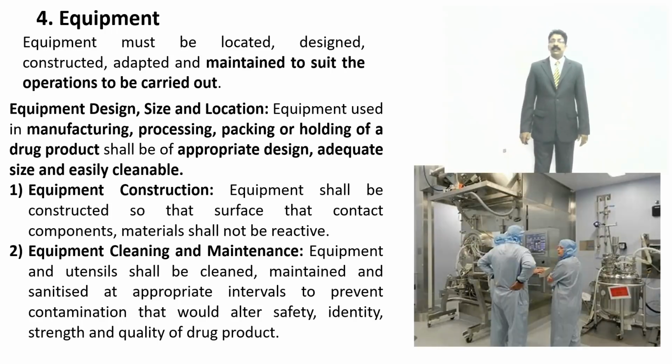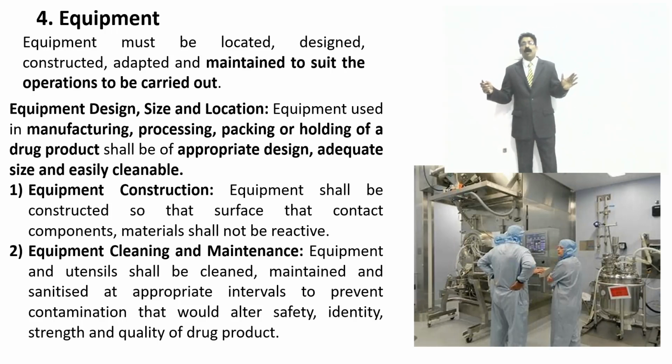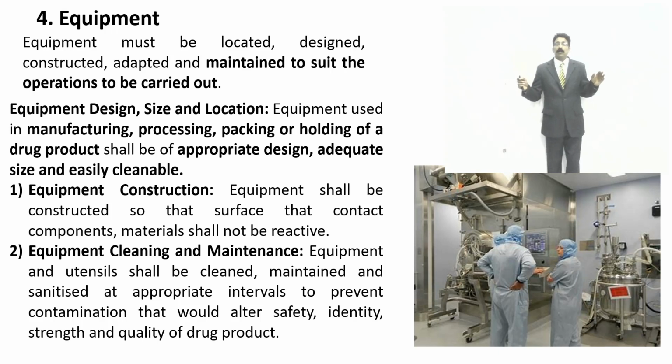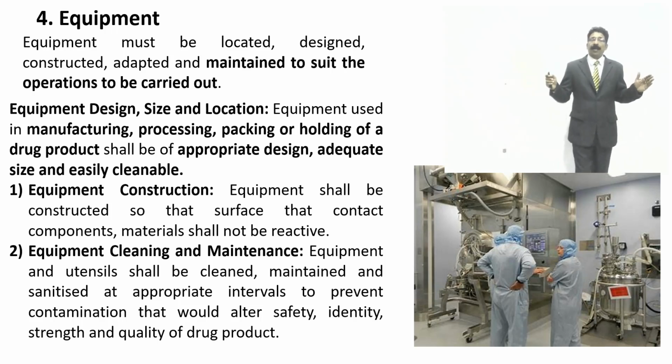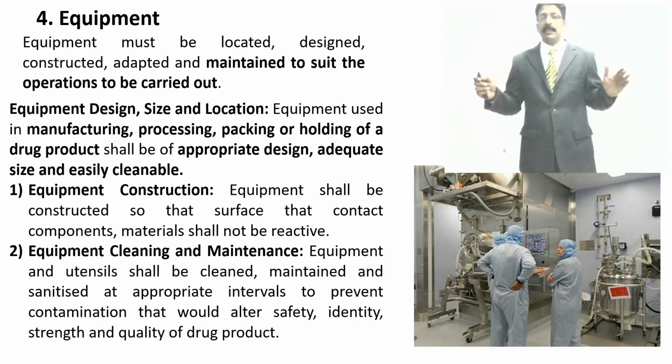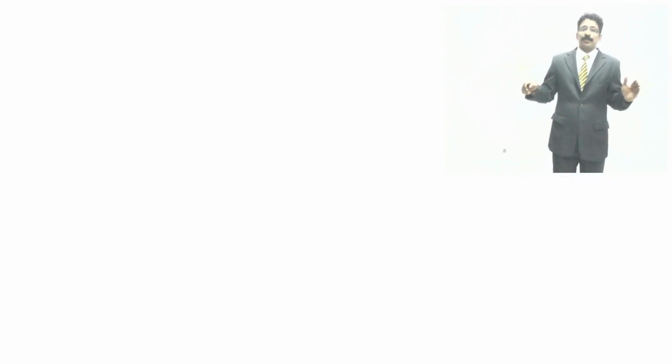So this is how you have to arrange the equipments, the size of the room, and how it has to be maintained. It should not be very congested. So, just a picture to show you.